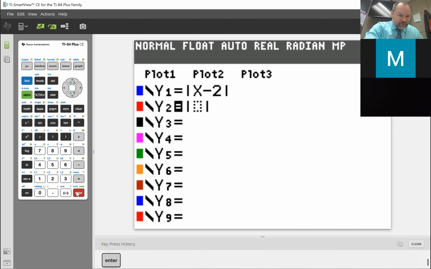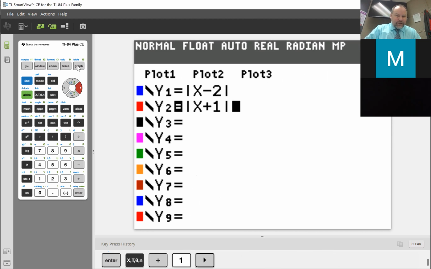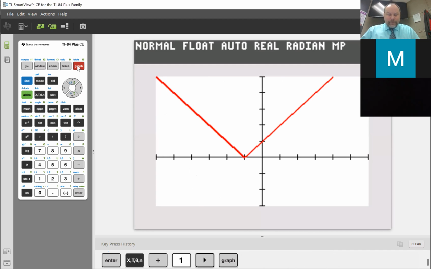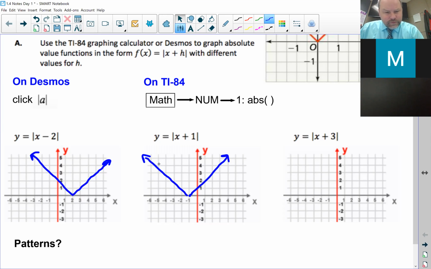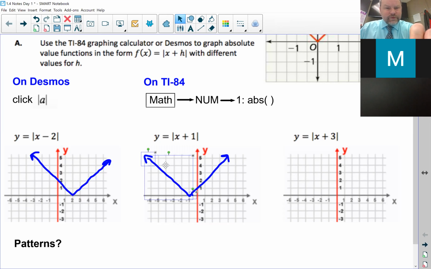So we have x plus 1, and we're going to graph that one. Again, we'll jot that in our notes.